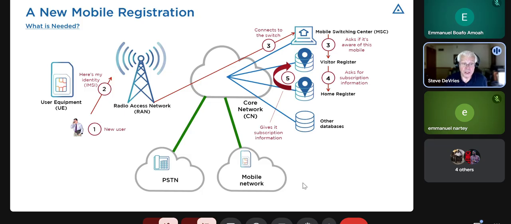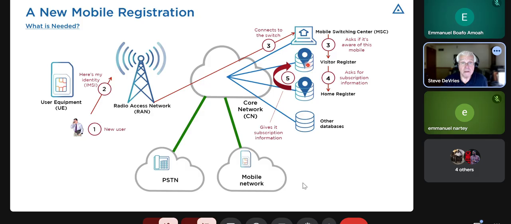So it knows who your home network is. But anyway, that goes out over the air, and it's picked up by a cell tower, and the cell tower is connected to this mobile switch. The mobile switch needs to ask its internal visitor register, hey, do you know who this mobile is? If it does, it just again makes note of the time of day and everything, and the signal strength. If not, it's going to send a signaling message.